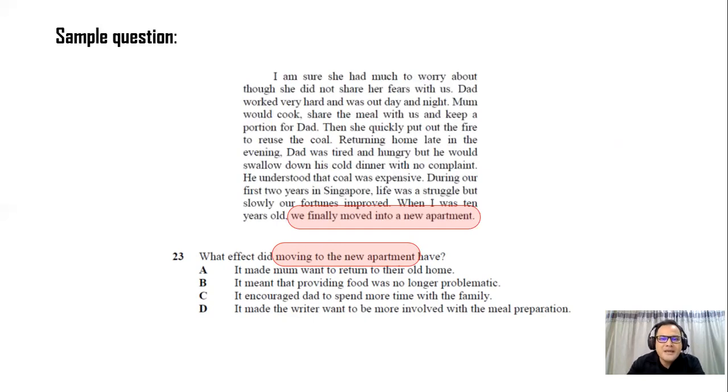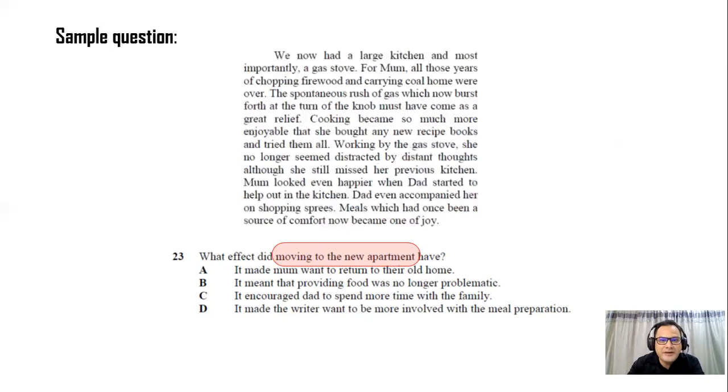Then the answer is found in the following paragraph, which is paragraph 6. So the keywords in question number 23 are "what effect" and the phrase "moving to the new apartment." So let's look at the options.